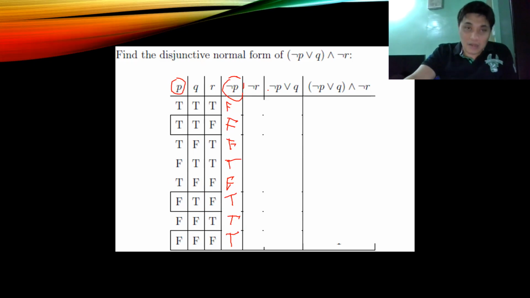Then let us get the negation of R. This is our given value. If it is true, then this is false. If it is false, this is true.